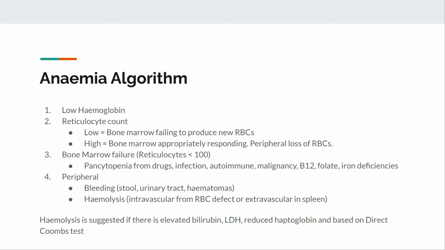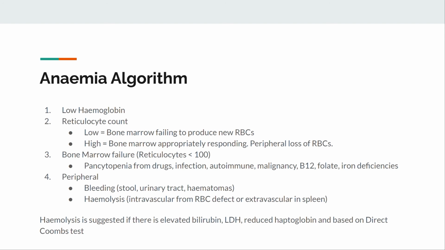Finally, let's talk a little bit about anemia, and then we'll talk about bowel obstruction. The approach to anemia is basically, firstly, you've seen that they have a low hemoglobin. So then you want to check, and you don't do this for everyone, but if you want to figure out exactly why they're anemic, this helps. You check their reticulocyte count.